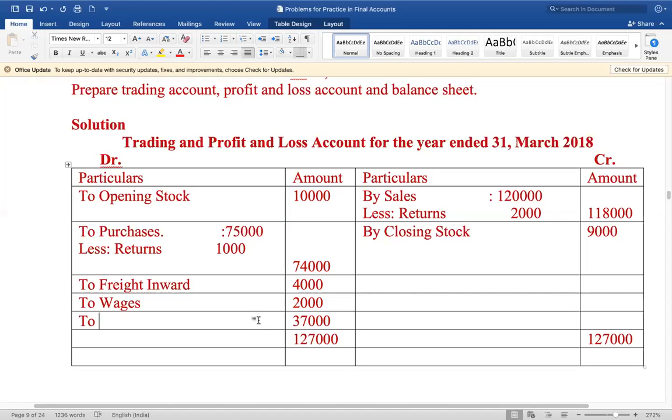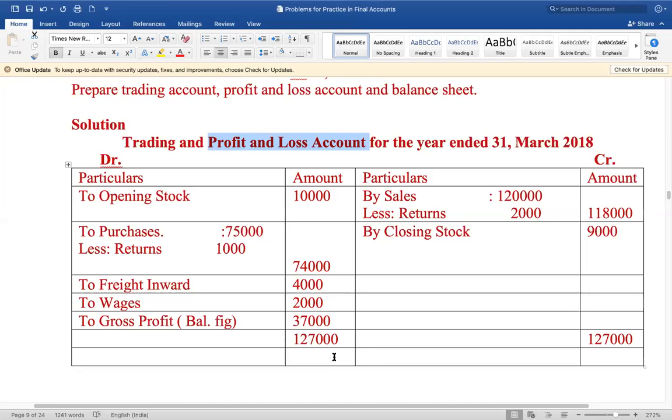Okay, what shall we write here? To gross profit. This is the balancing figure. What was on the debit side will come to the credit side, because we are starting the profit and loss account from below.